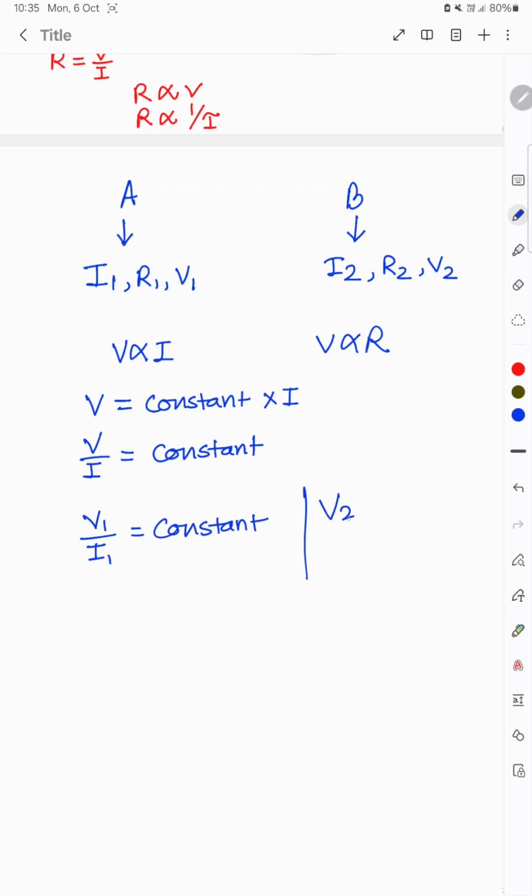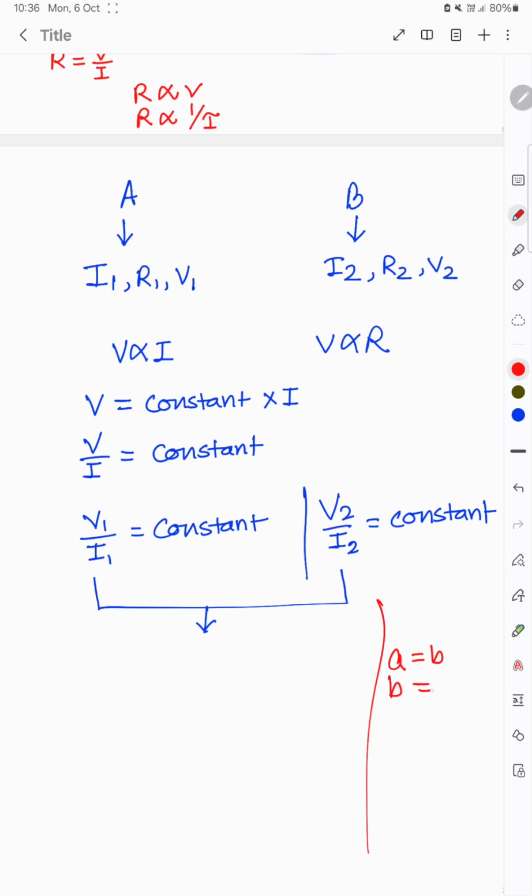In case of B, V2 by I2 is equal to constant. So, can we equate these two terms? In your mathematics, you already know that if A equal to B and B equal to C, then A equal to C. Similarly, V1 by I1 is equal to V2 by I2. This is a very important relation which will be helpful while solving a numerical problem.